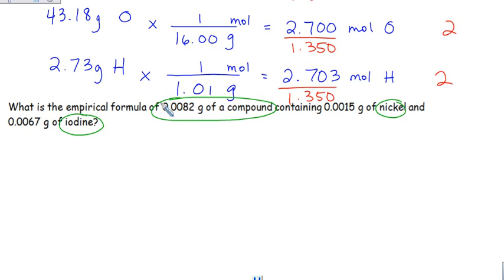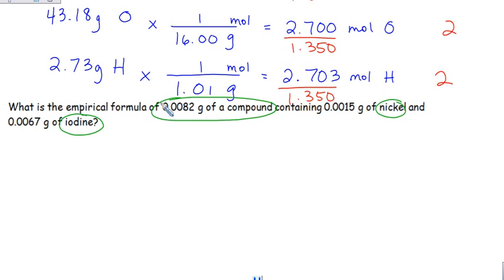Or in the lab, we'll know the mass of the copper oxide and we'll know the mass of the copper. If I subtract the two, I can get the mass of the oxygen. So the nickel plus the iodine should give me the mass of the compound, which they do. If I were to add these together, they do.